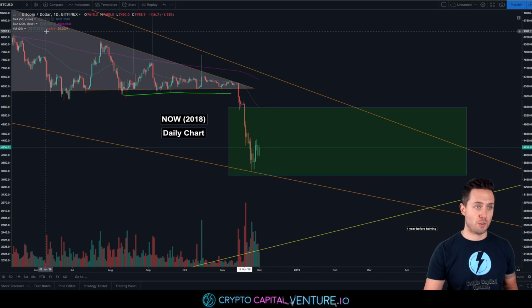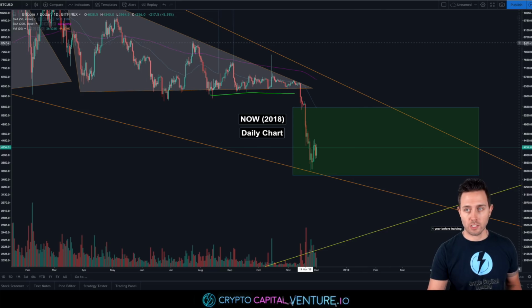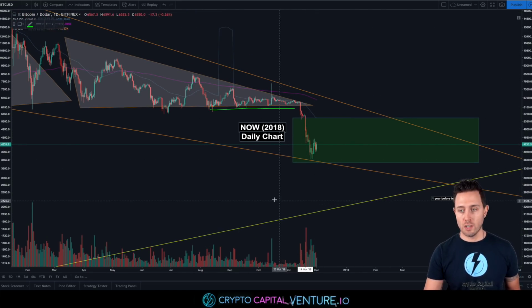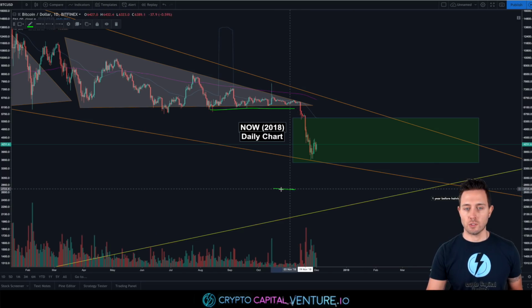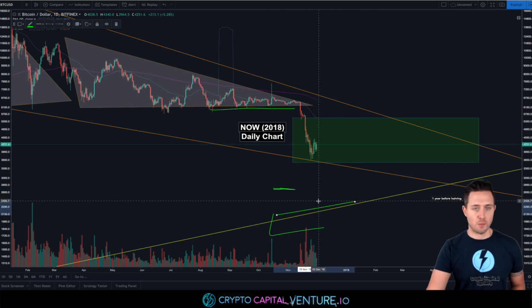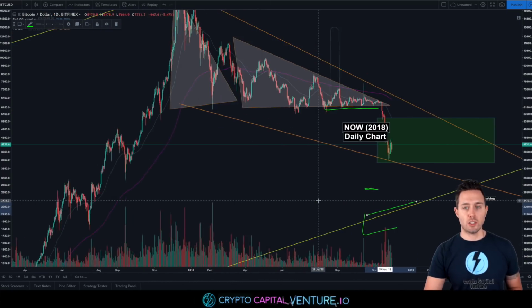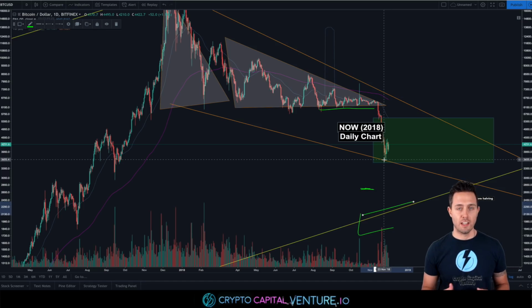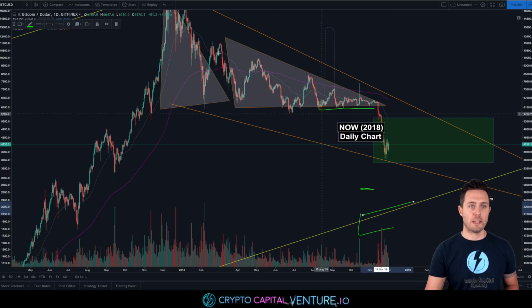If you zoom out on the daily charts a little bit, you can see $2,700 is also a lot closer to a long-term bottom trend line. So it's completely possible. Right now, we're at this mid to long-term bottom trend line, and we've seen a touch, right? We've seen this long-term wedge in formation.